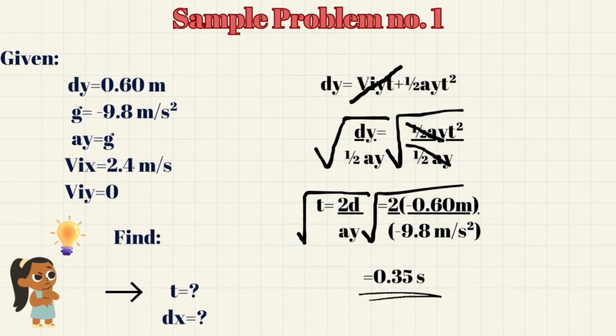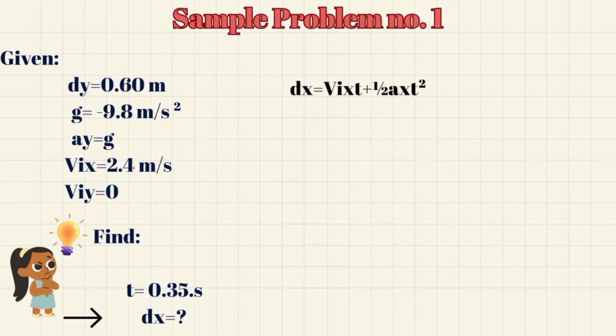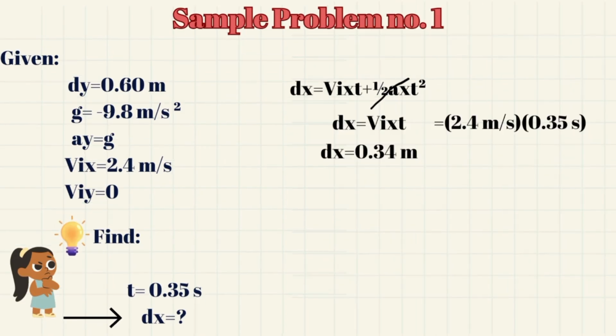The next step is to find the distance, or the dx. This is the formula that we are going to use in finding the dx. Since ax is equal to 0, we can cancel that term already. We already have our formula for the dx: dx equals Vix t.